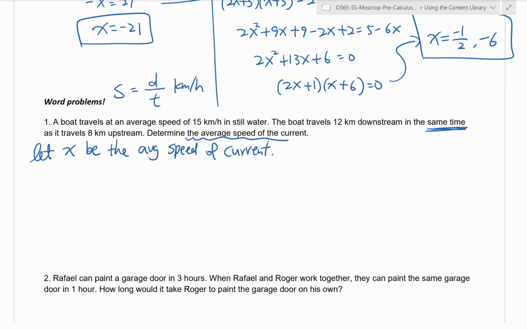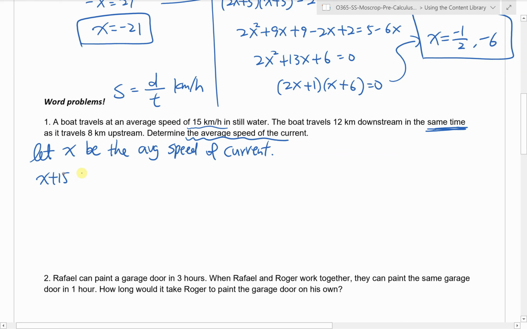When you travel with a boat and you go upstream, you are going slower for sure because you're going against the current. And if you're going downstream, you're going faster because you're going with the current. Here is the speed of the boat in still water, as if there were no current. Going downstream, you're going with the current, so the speed will be faster. The speed going downstream would be 15 plus x, or x plus 15.